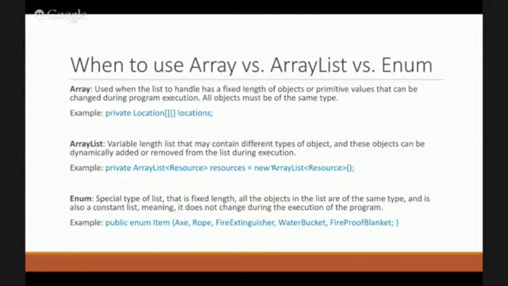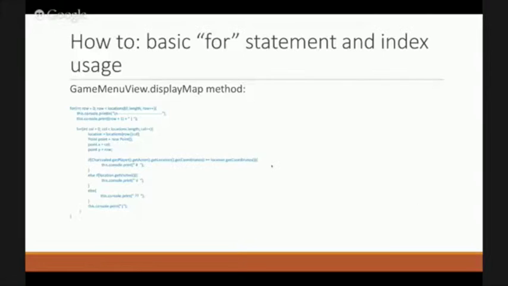For example, if you have a variable within an object that determines a category of objects, you could say that the object is of type Item.ax or Item.rope or things like that. It's just one of the possible usages of enum.